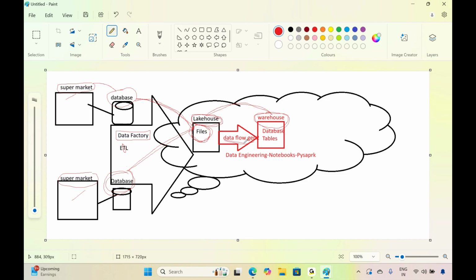This Dataflow Gen 2 is a graphical user interface tool where you don't need to write any commands. But in the notebooks you need to write some commands, either SQL commands or PySpark commands. It's nothing but a kind of Python. Don't worry. Python means you don't need to learn complete OOPs programs, just very, very easy commands.